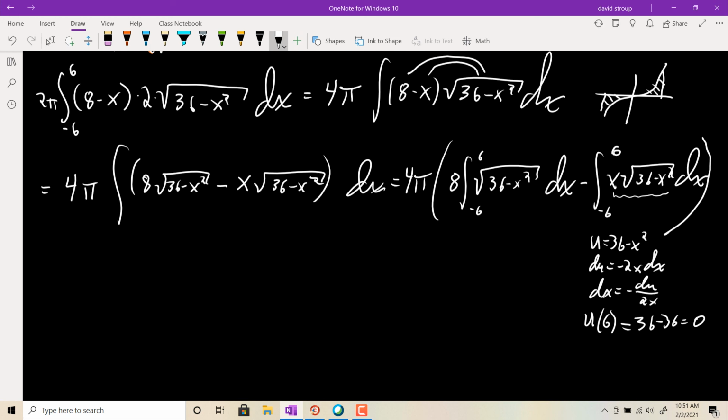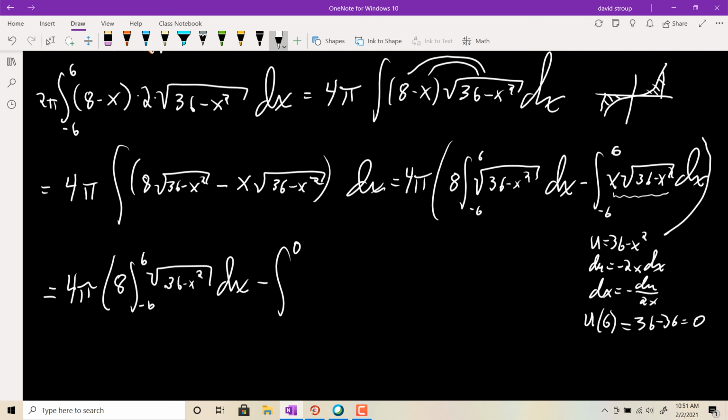That's what the top limit will change into. So here I am rewriting things, 4 pi 8 integral, not doing anything with the first integral, 36 minus x squared dx, minus the second integral, where I just changed the upper limit, and I have x times the square root of u times -du all over 2x.